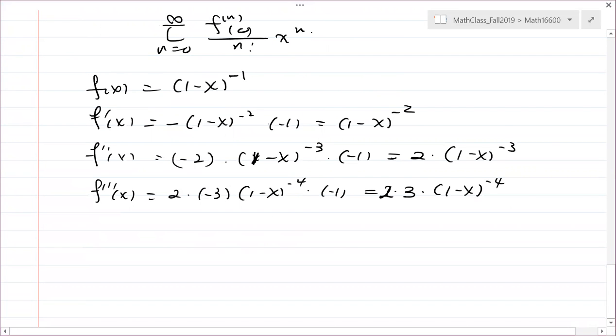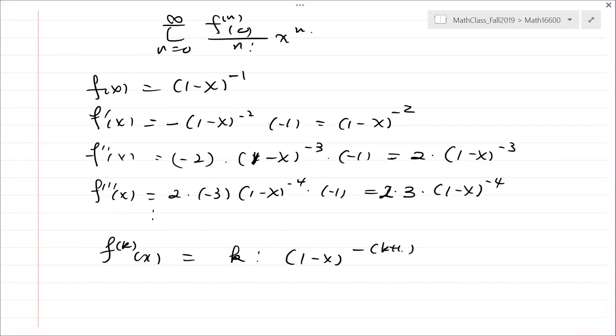You find some pattern: I just need to add a larger number in front of 1 minus x, and here negative 4 is the third derivative. So I believe the general one will be k factorial times 1 minus x to the negative k plus 1. That's my formula for the k-th order derivative.